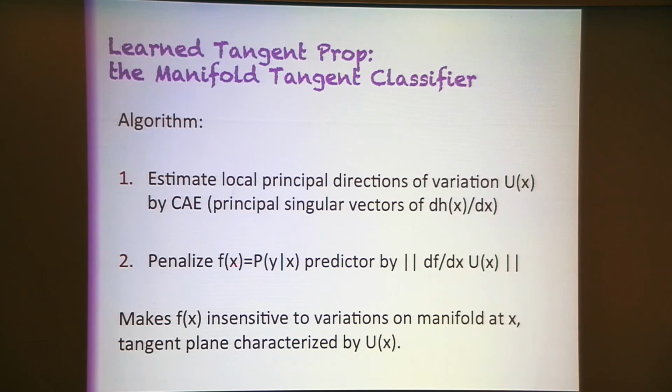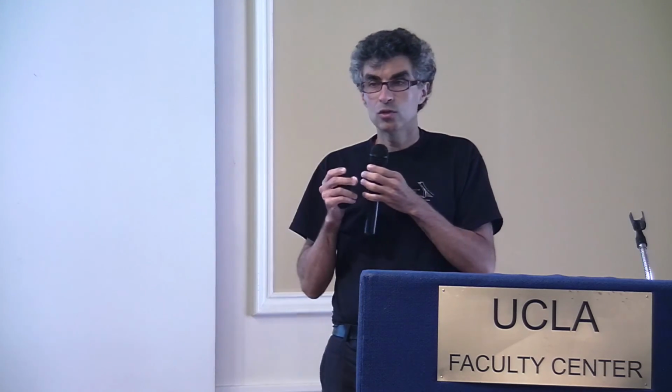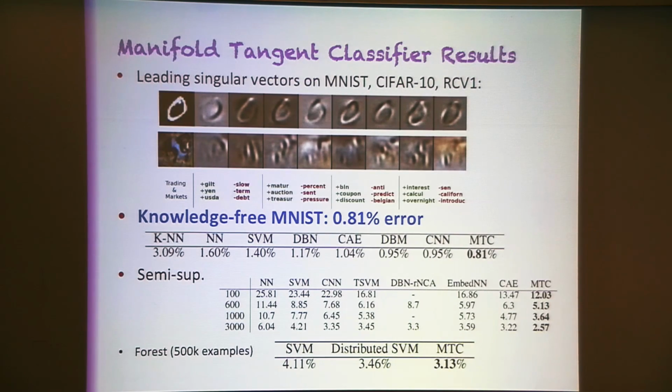It says, if our class probability prediction is f, then we want df dx to be orthogonal to u of x, to the singular vectors that we found in the first unsupervised phase. So what this says is I want my output probability function to not vary in the directions in which I found my data to vary locally. If I can translate a 2 and it stays a 2, I would like a translation of the 2 to mean no change in my output function. So you just add this penalty and compute derivatives, and you get good results.